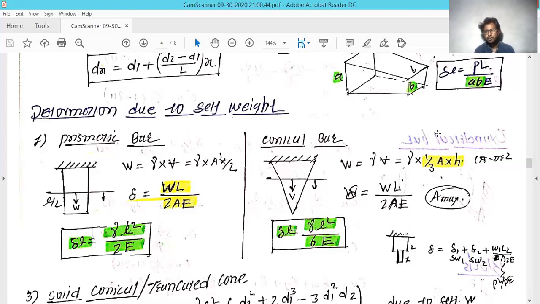And if you want to remember this formula, the only thing that changes is: if it is prismatic, divided by 2, and if it is the conical cross section, then divided by 6. You have to remember these two values. The entire thing you will remember when you are solving examples.